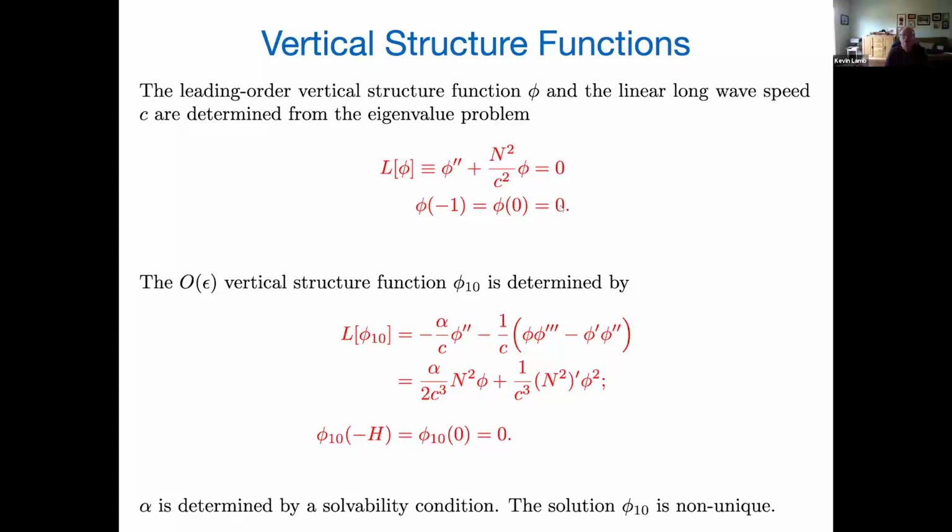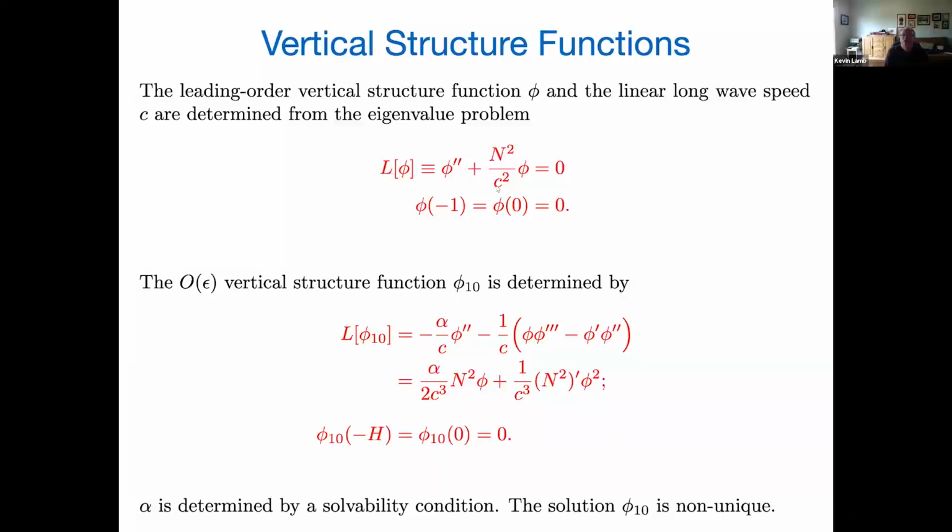Now going to order epsilon, the vertical structure function phi 10 is given by L of phi 10 equal to some non-zero stuff, which involves this coefficient alpha, the quadratic coefficient, and again these homogeneous boundary conditions. So this is an inhomogeneous version of the equation for phi.